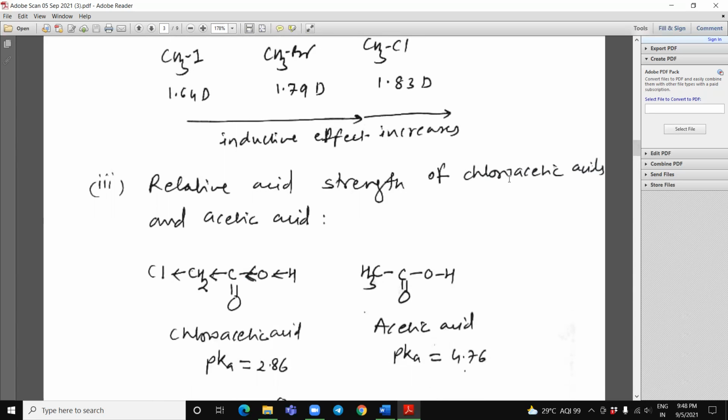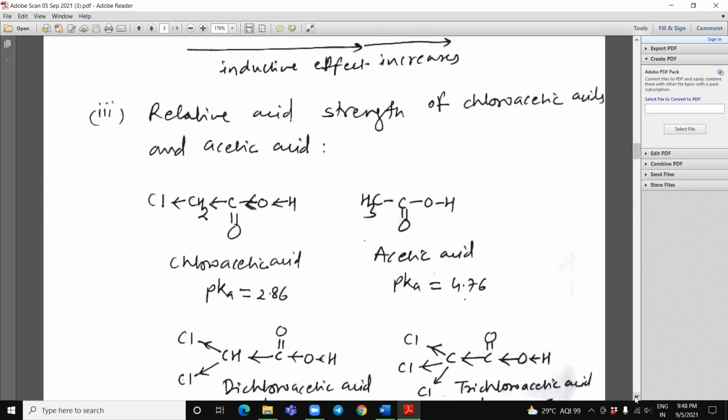Relative acid strength of chloroacetic acids and acetic acid. Here, due to the presence of halogen, it will pull electrons from the molecule.